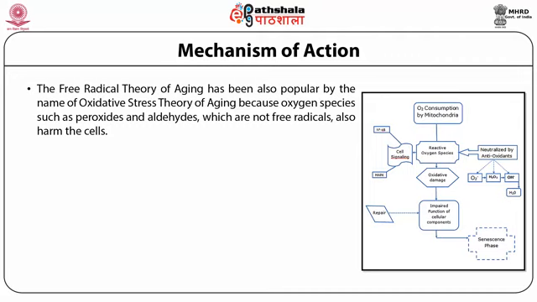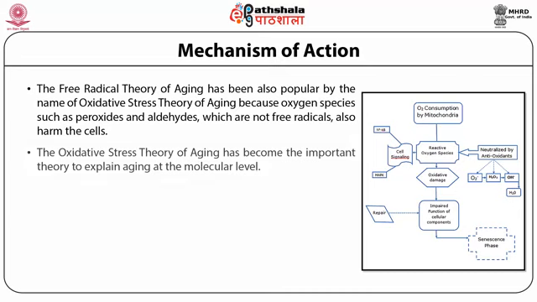When there is an imbalance between the pro-oxidants and the antioxidants, then there is an aggregation of the oxidative damage in various macromolecules with age, resulting in a progressive loss in the functional cellular processes, leading to the senescence phase of the cells. The oxidative stress theory of aging has become an important theory to explain the aging at the molecular level.